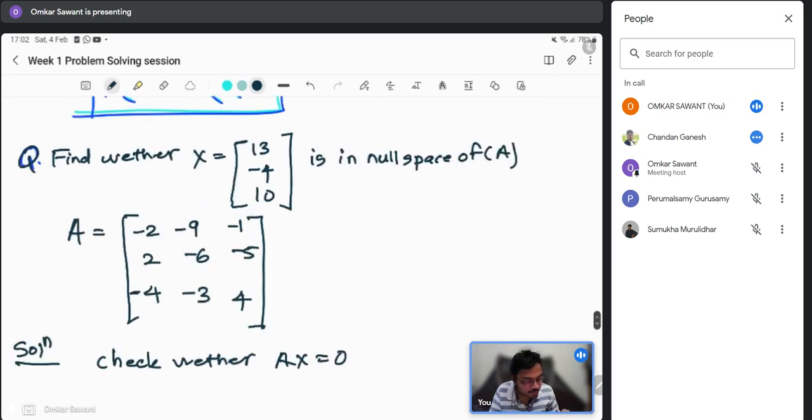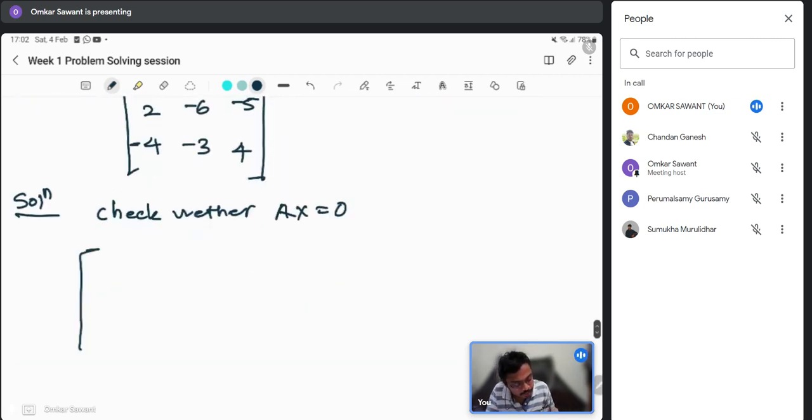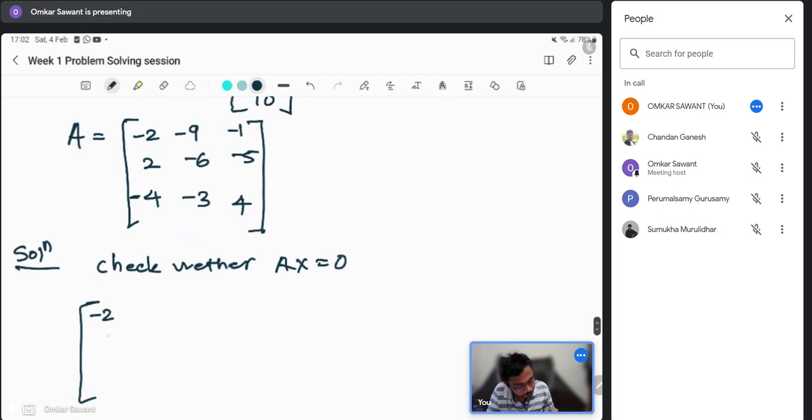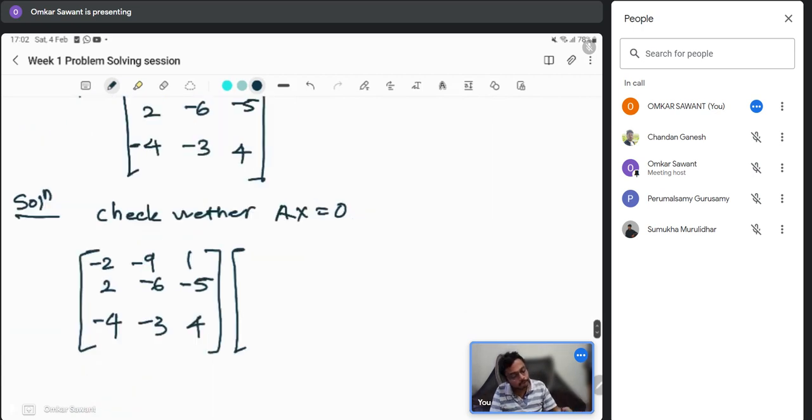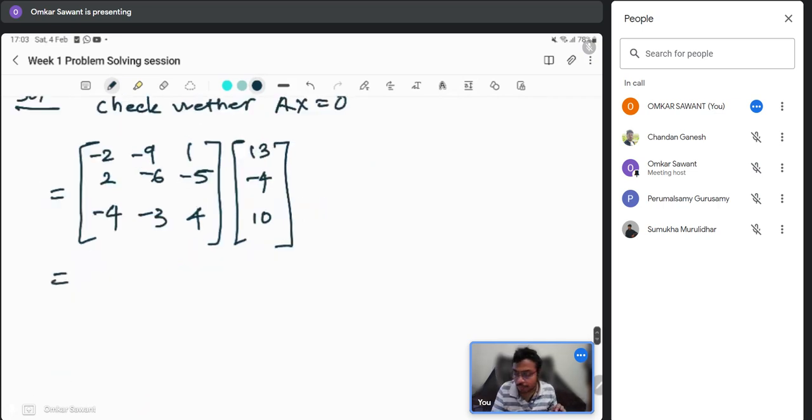You guys know matrix multiplication, right? So please calculate.